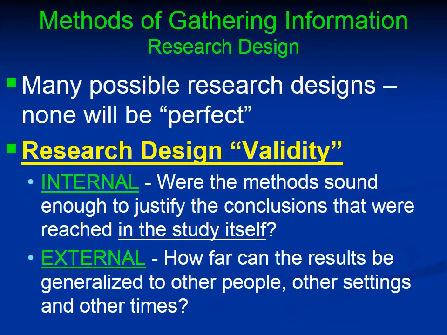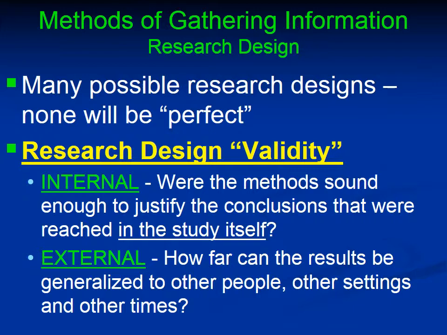And in research design, we look at validity again in a little different way than just looking at a particular measurement of one variable. So when we talk about validity of a research design, we're going to look at two kinds of validity, internal and external validity.